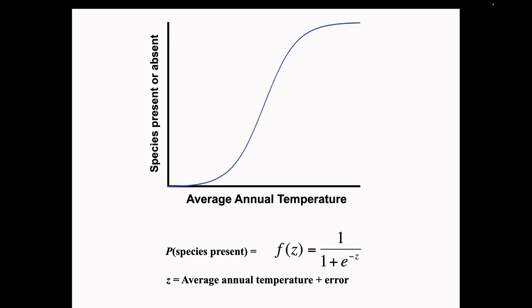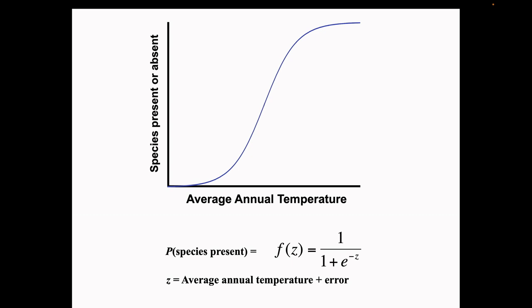And we tell the software, look, give me an equation relating species presence or absence as a function of average annual temperature. Here's your data points up here and down here. Make a continuous equation that relates the presence or absence of the species to average annual temperature.